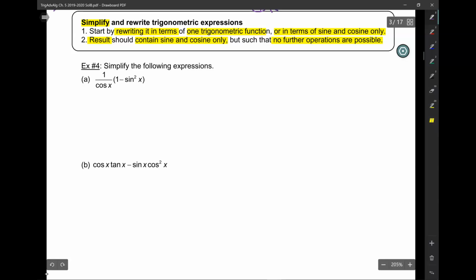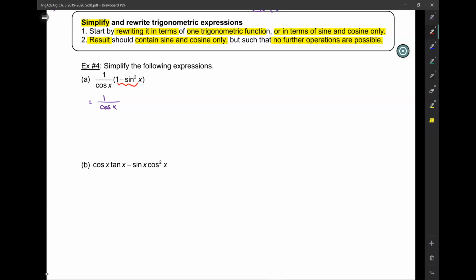I have here 1 over cosine, and then in parentheses 1 minus sine squared. The 1 over cosine of x is as simple as life will get. There is really no simplifying that any further. So I'm going to write that down here. Now, when you see something like this, let's just examine what I have here.